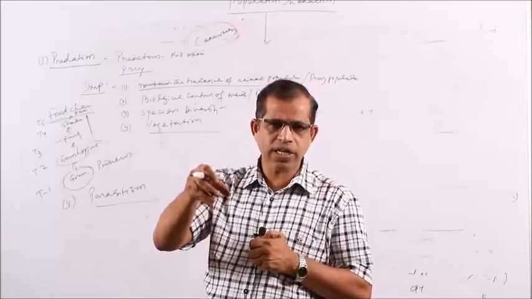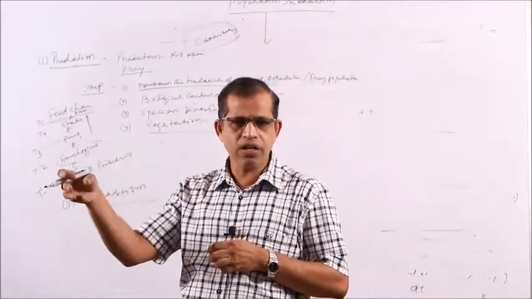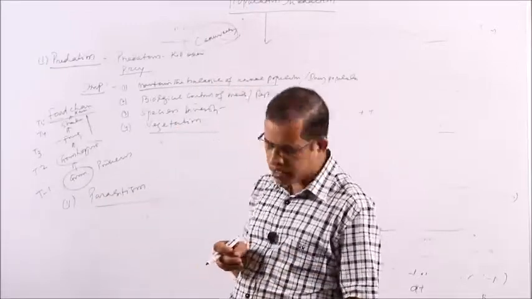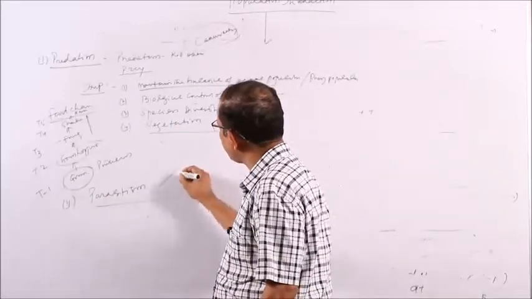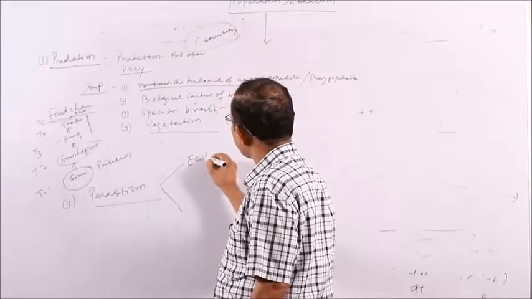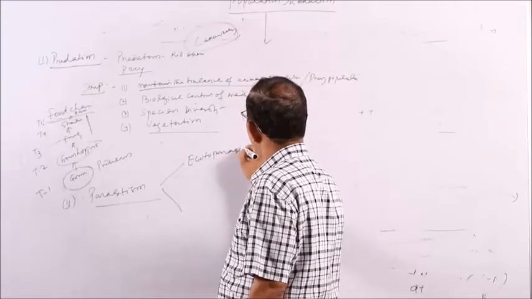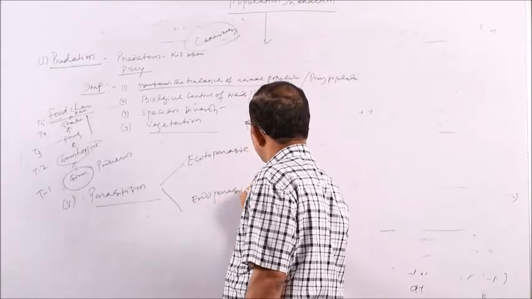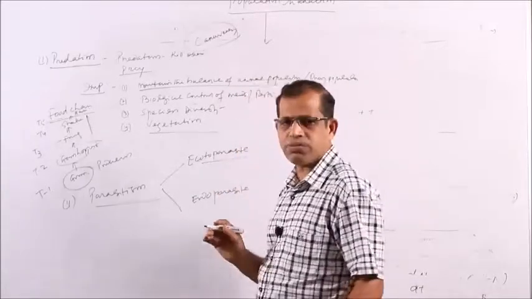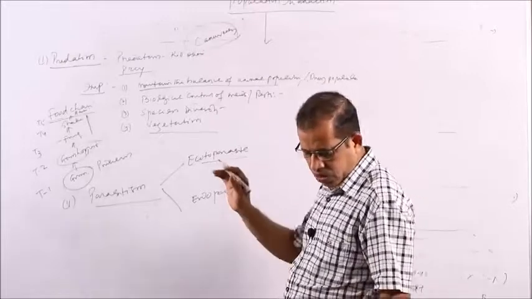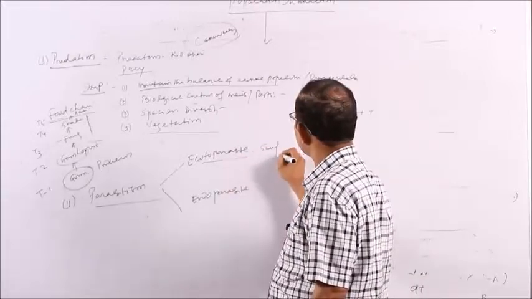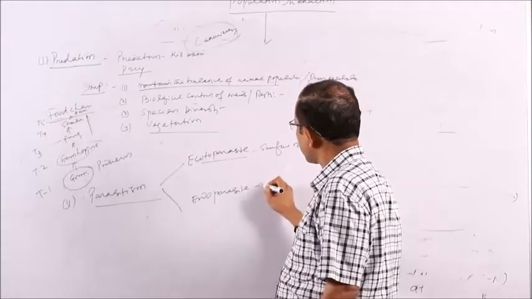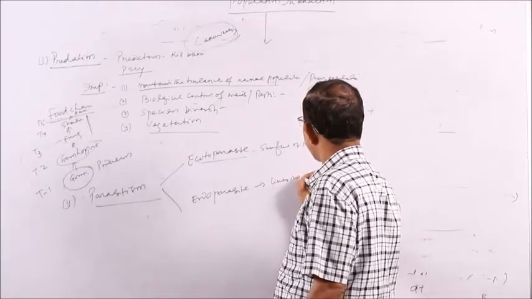So here the parasite can be of two types, ectoparasite and endoparasite. Ectoparasite lives on the surface of the host, whereas endoparasite lives inside the host.